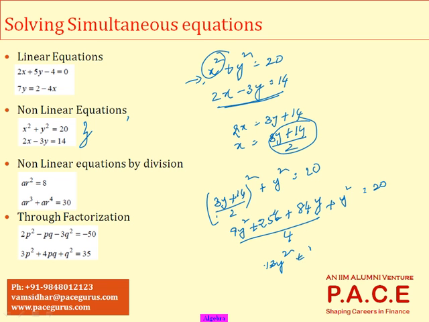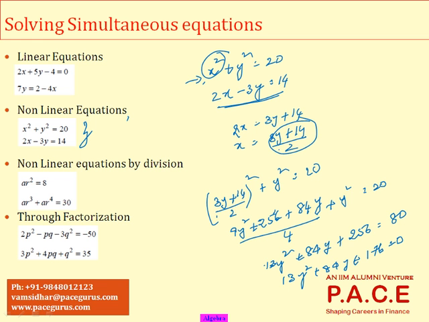plus 84y plus 256. Now because there is a 4 in the denominator, the LCM gets applied here. The other way it becomes 13y squared plus 84y plus 176 equal to 0.